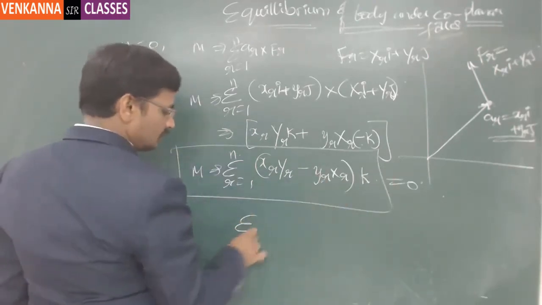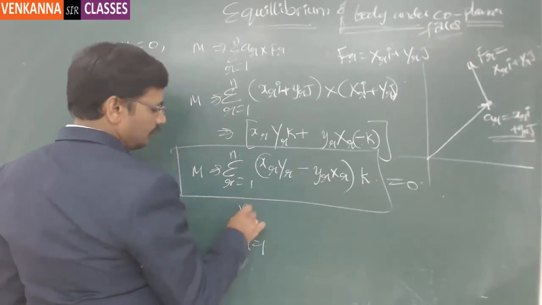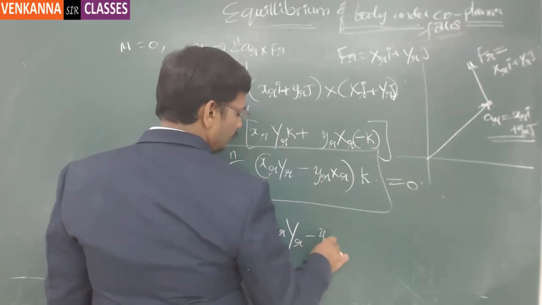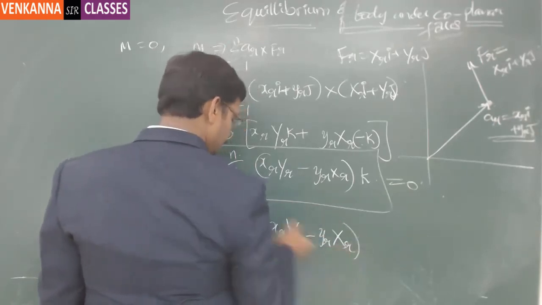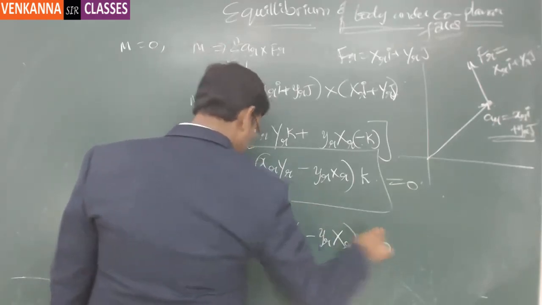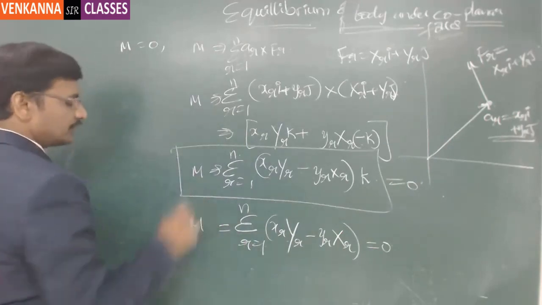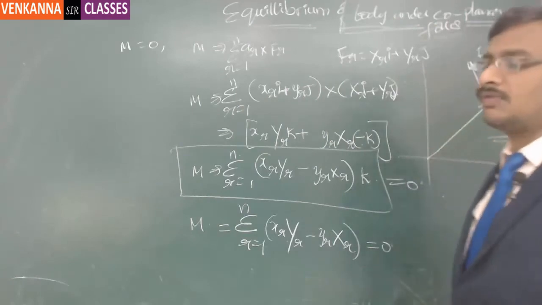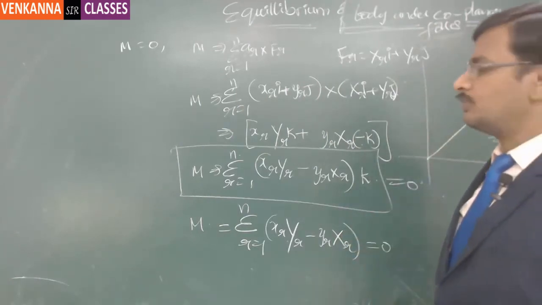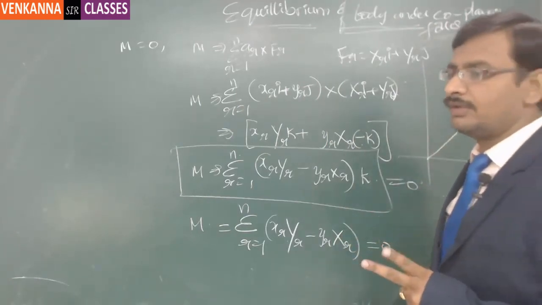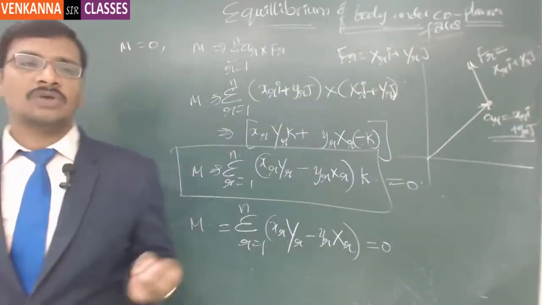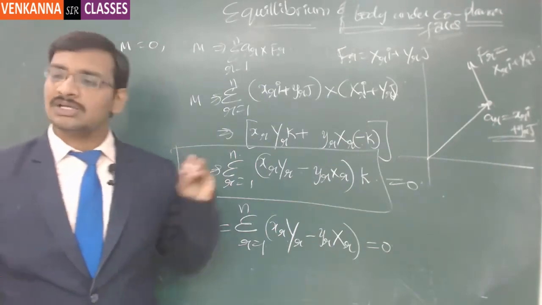So sigma r equals 1 to n of (xr into Yr minus yr into Xr) is equal to 0, which is the necessary and sufficient condition for the system of coplanar forces to be under equilibrium. So only two things we are verifying: the sum of all the forces has to be equal to 0, and the moments contributed by all the forces together has to be equal to 0.